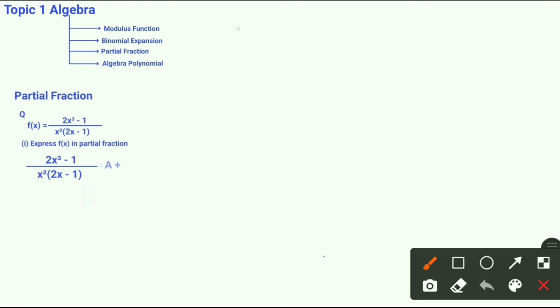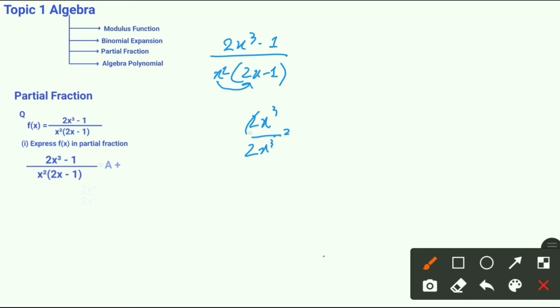Now the last question. Let me just do this one on my own. First of all, we need to find whether it is proper or improper. x squared is multiplied to x, so x squared and x squared, 2x squared and 2x squared. So improper, and also we get an extra value, so it's going to be 1. 1 is the extra value.